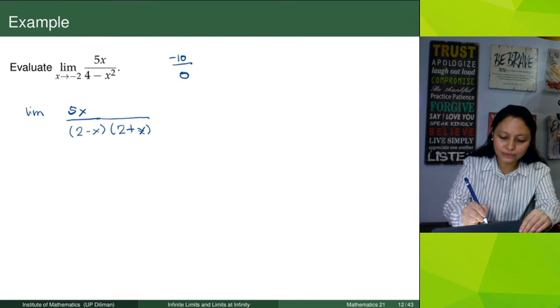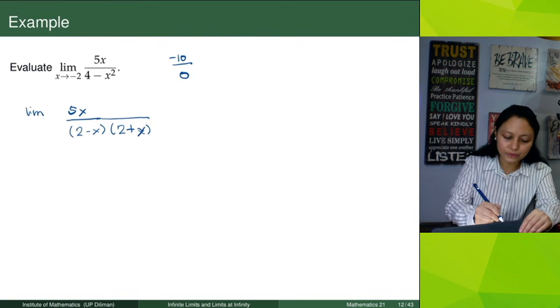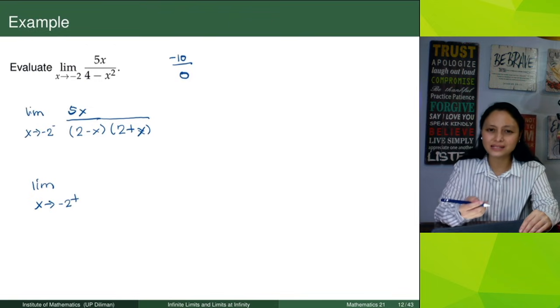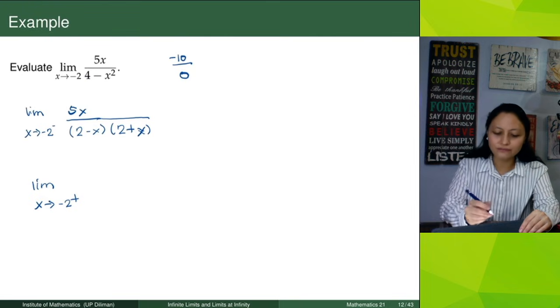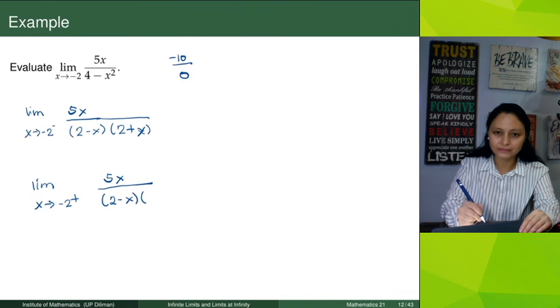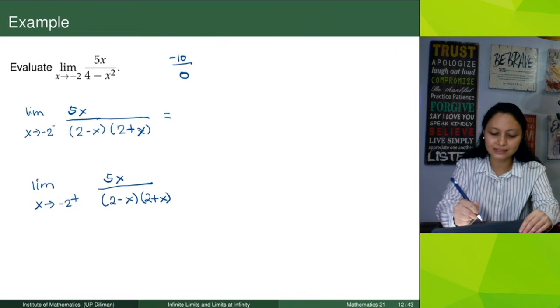And we have to get the limit as x approaches negative 2 from the left, and later, the limit as x approaches negative 2 from the right. They may be the same, they may be different, so we have to check. The limit of 5x all over 2 minus x times 2 plus x. If it's in factored form, you can easily see the signs.